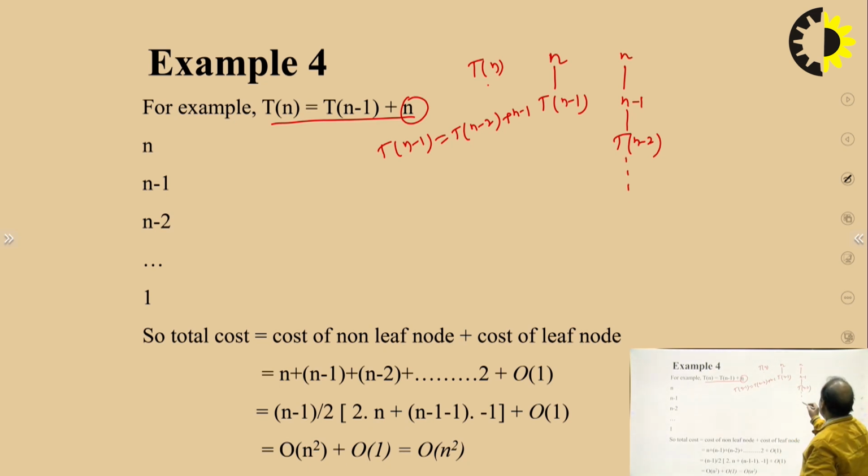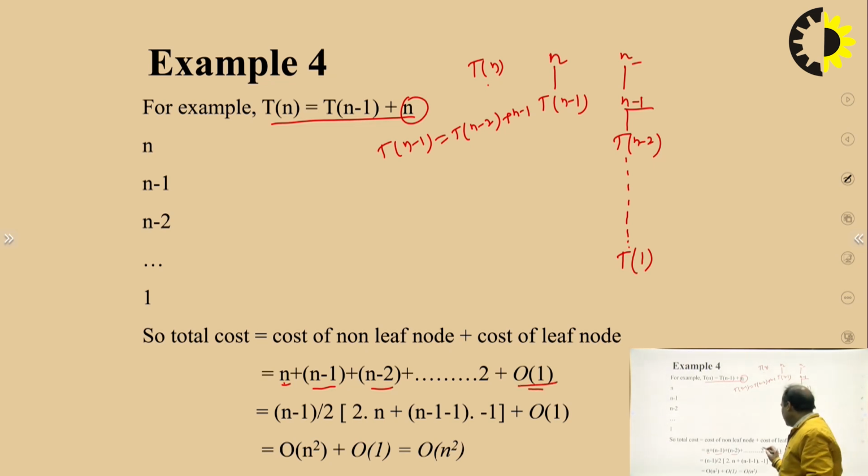By doing this, we ultimately reach 1. So how do we get the total cost? The cost of the non-leaf nodes is n plus n minus 1 plus n minus 2 up to 2, and then 1.